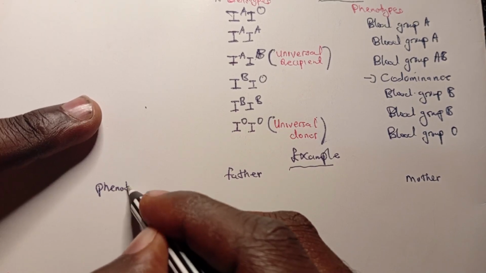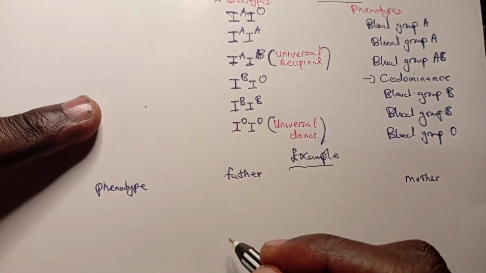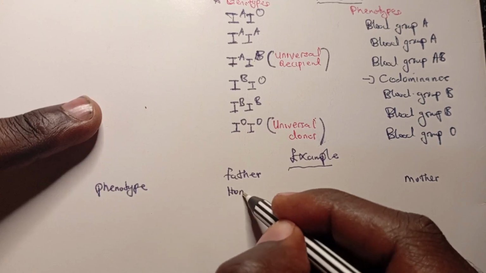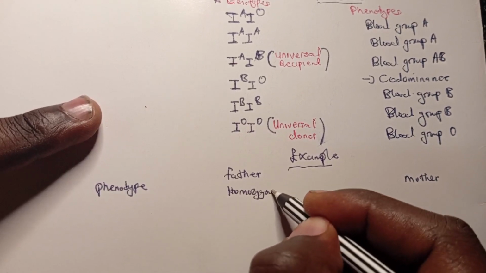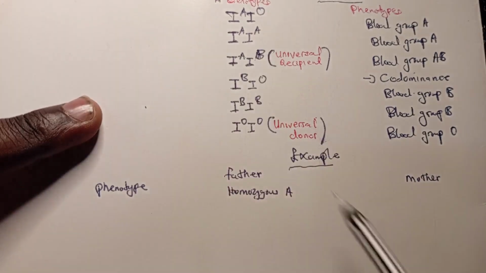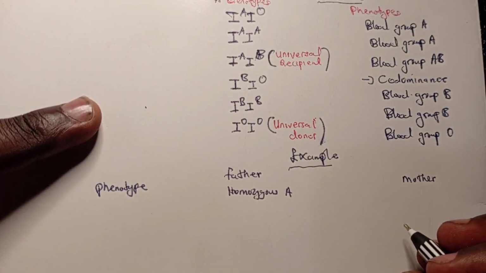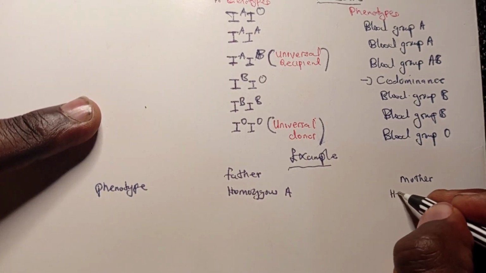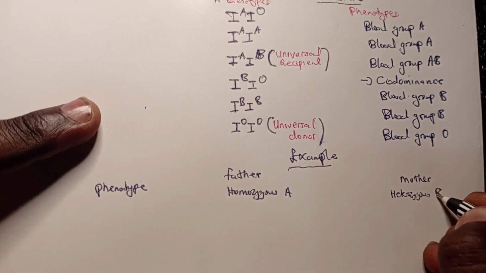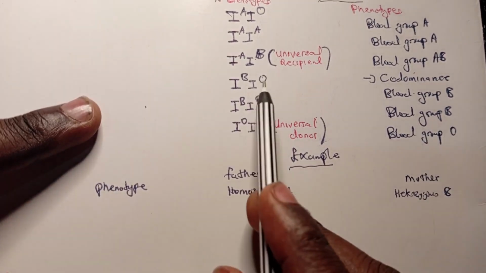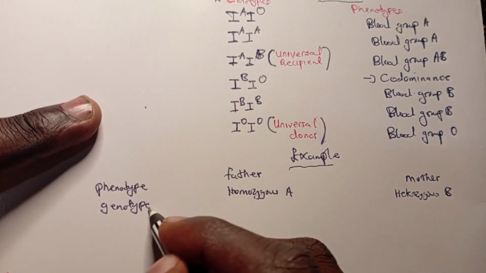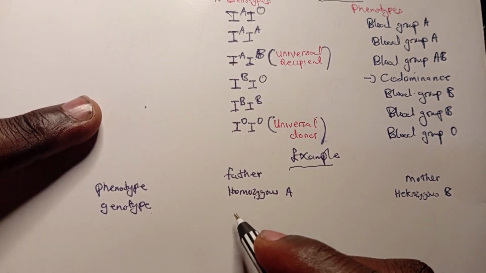Say the father is homozygous A, meaning you have both A and A, and the mother is heterozygous B, where you have B and O. So let's do the genotype, just teaching how you can make these crosses for blood groups.